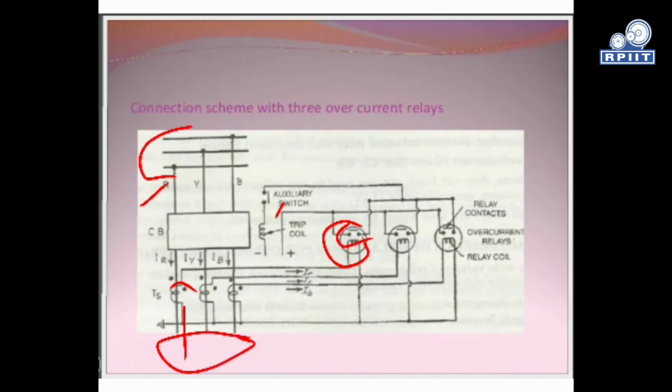This trip circuit in turn sends the signal to the circuit breaker, and the circuit breaker will open the switch and disconnect this whole circuit from the transmission line. So simply we can say that our equipment is protected from damage whenever there is a fault. This is all about the connection scheme and the working principle of our overcurrent relays.